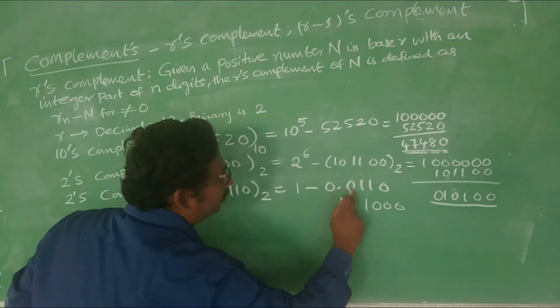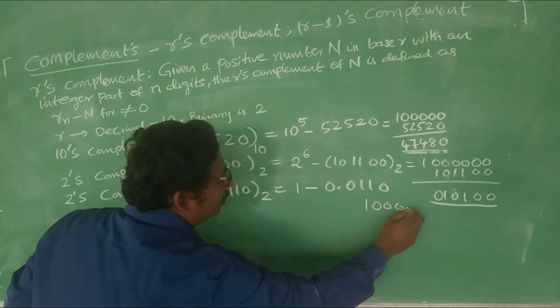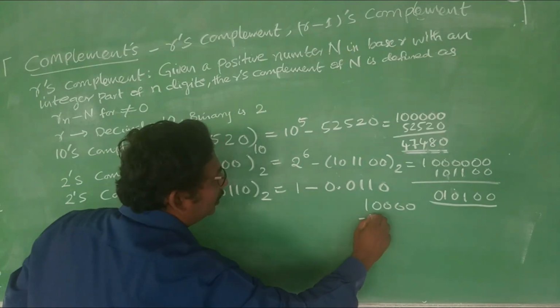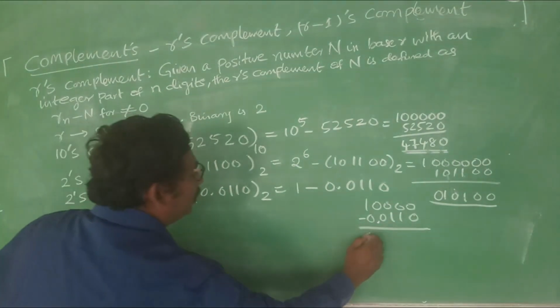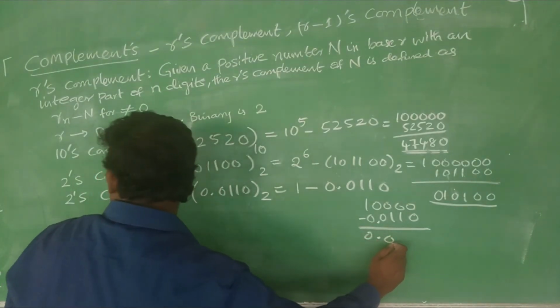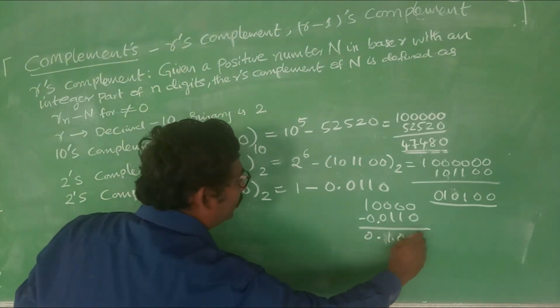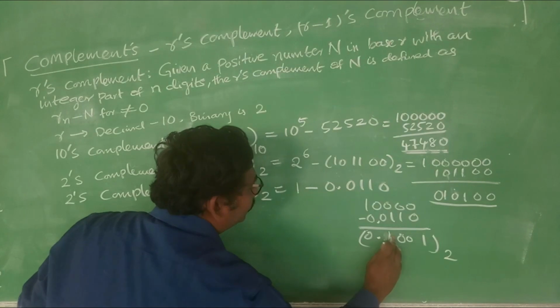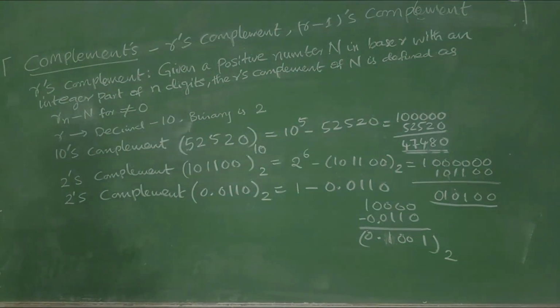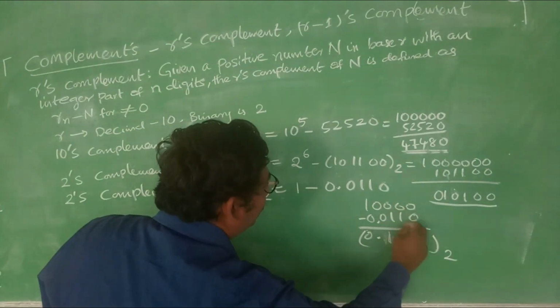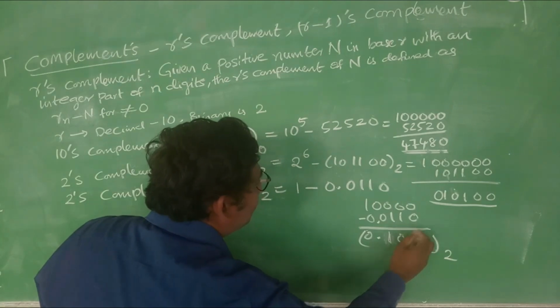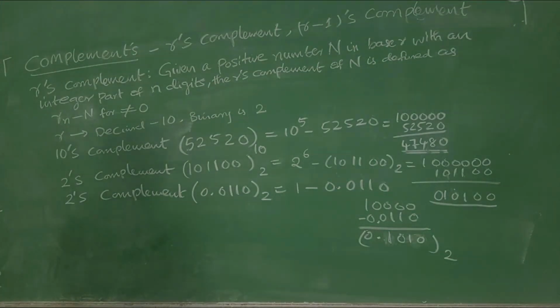So that is 1.0000 minus 0.0110. The output will be 0.1010 base 2.